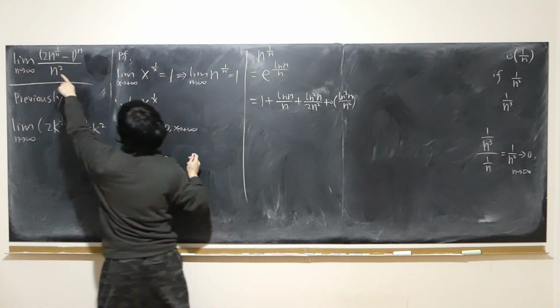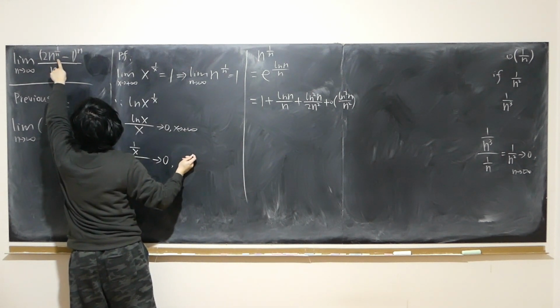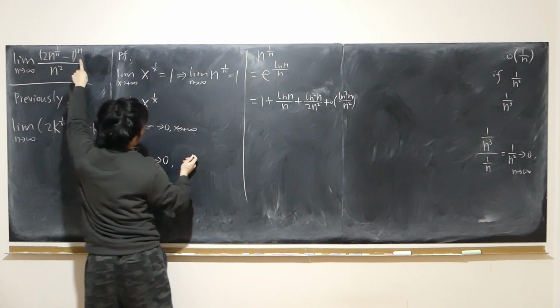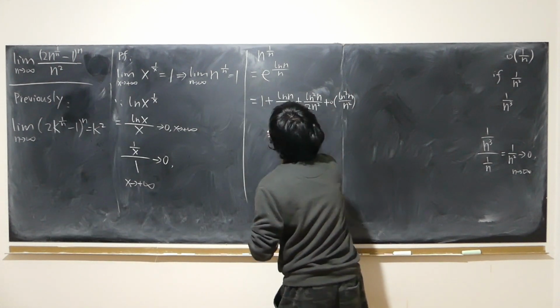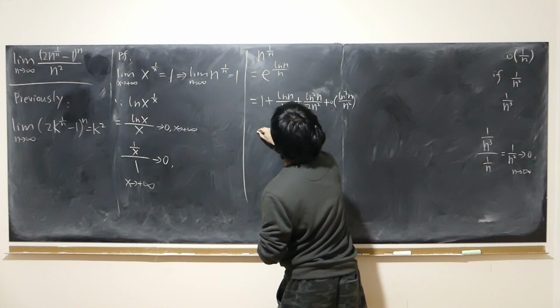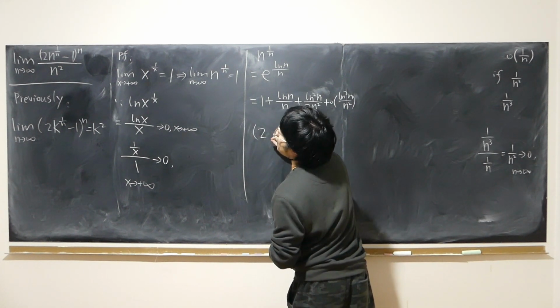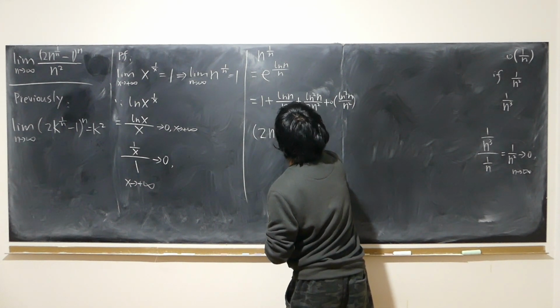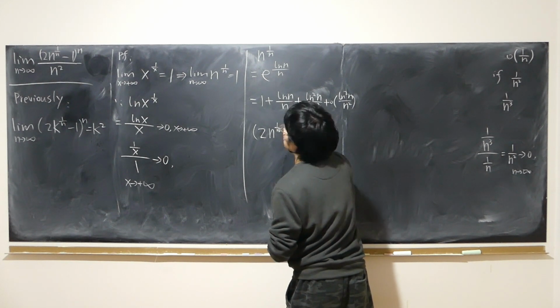Because obviously the top approaches, we have 2 times 1 minus 1, so 1 to the infinity, undetermined. That's why we have to write it down and find out how precise, find out the speed.